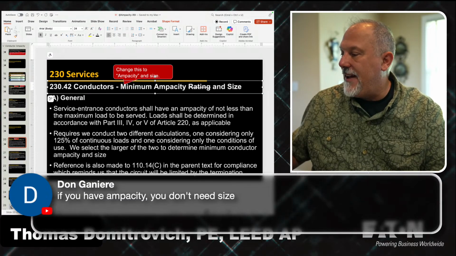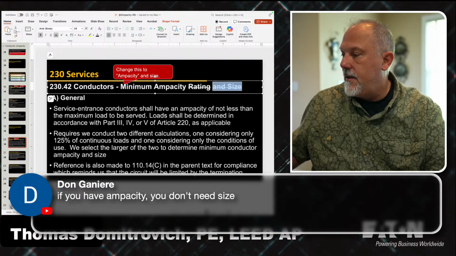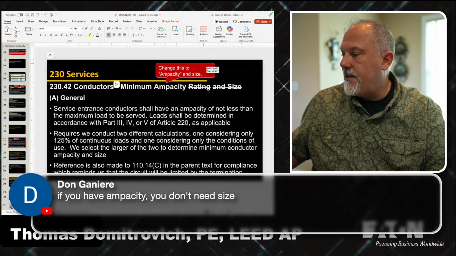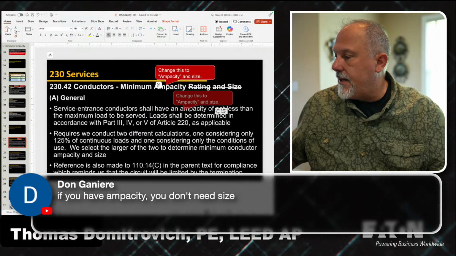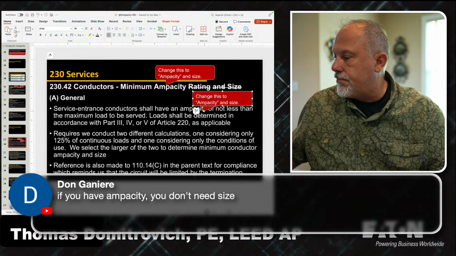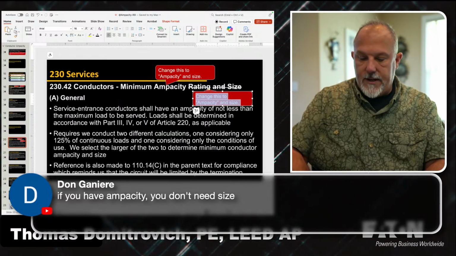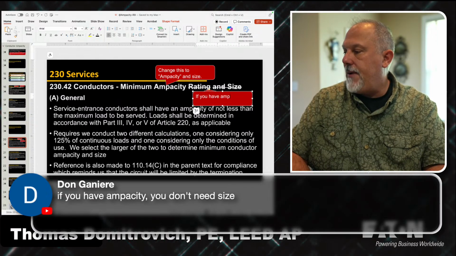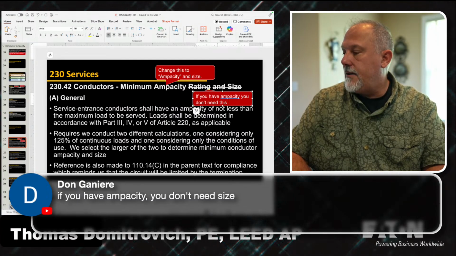See, that is the value of doing this as a team. Strike that out. I say we change that to this, and then we do a copy, bring that down. If you have ampacity, you don't need this language.